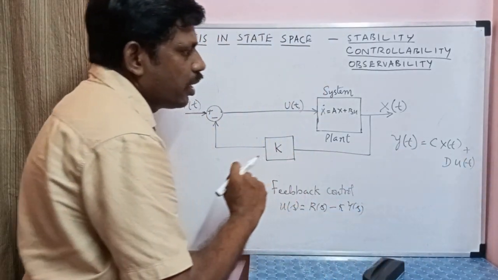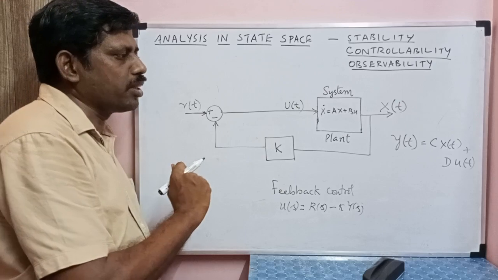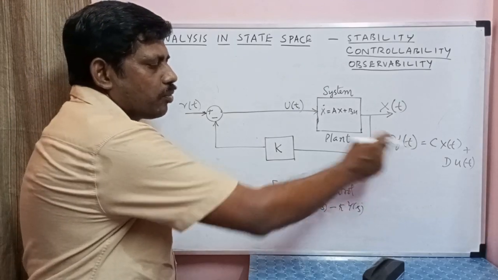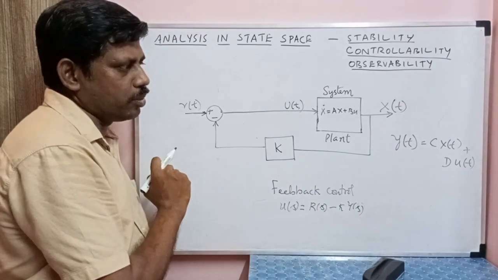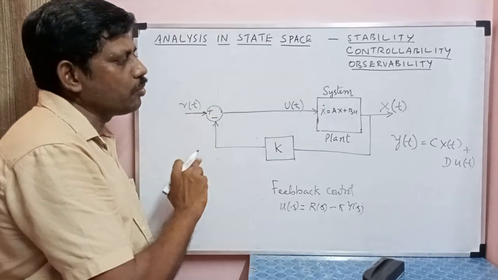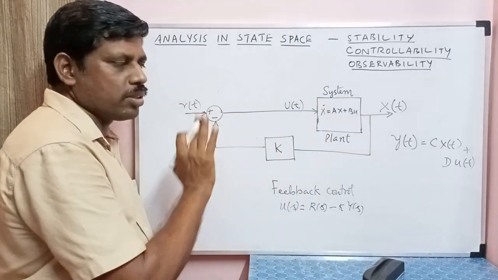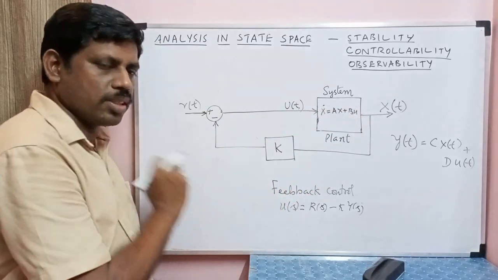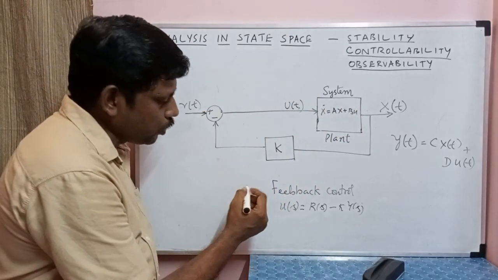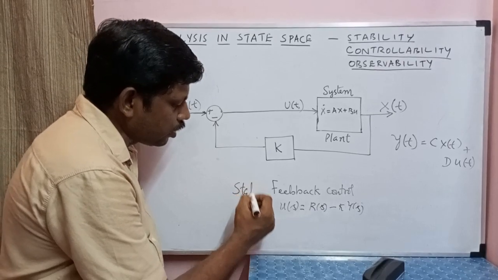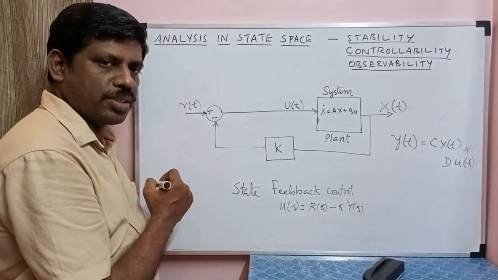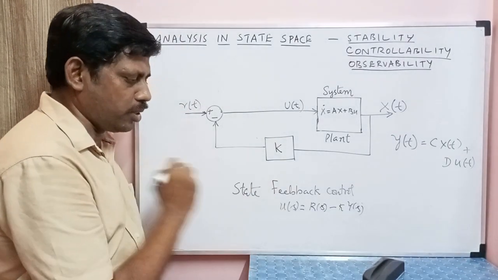So therefore, if x of t is under control, then y of t is also controlled. Okay, so the objective of a system modeled in state space is to control all the state variables. So this system, I will call it as the state feedback control system. This is called a state feedback control.